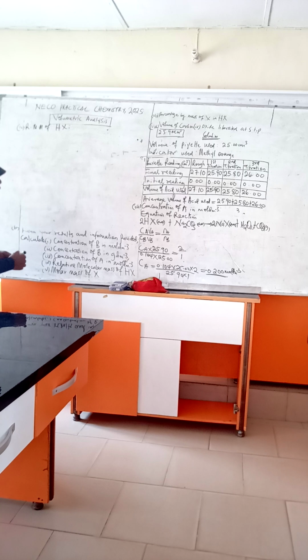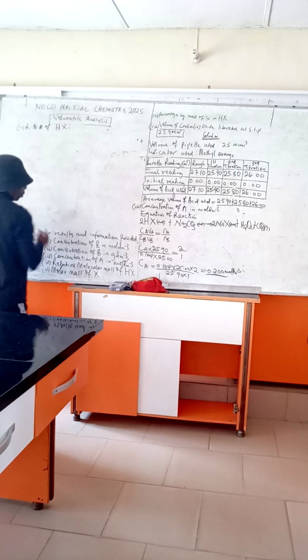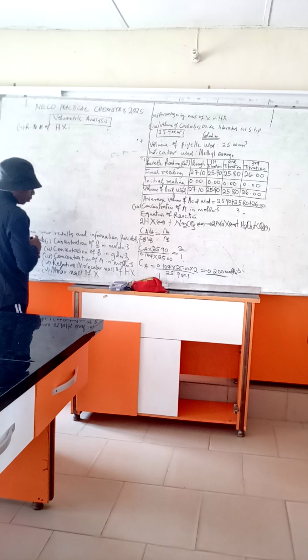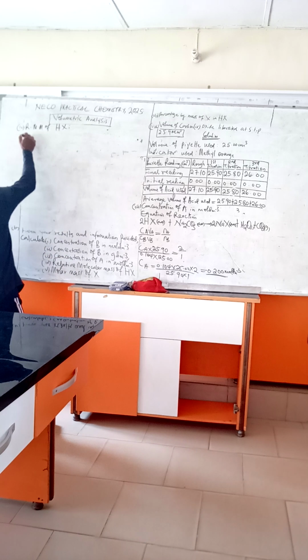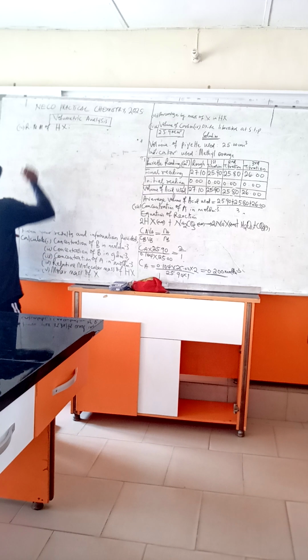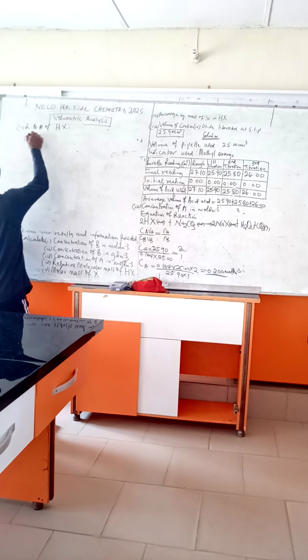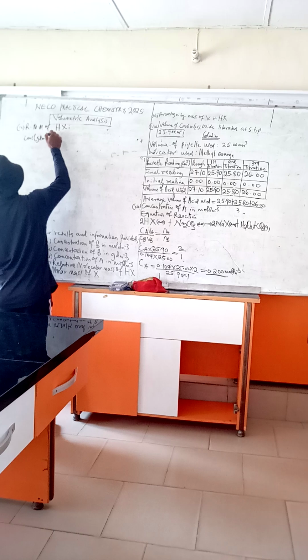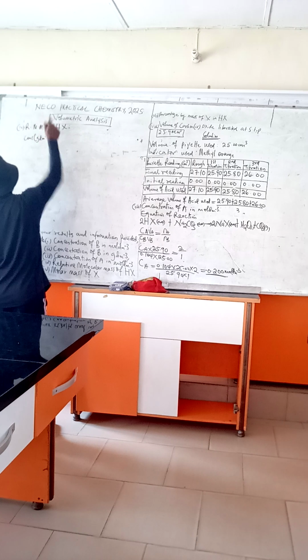Recall from the question that the mass of A is given. So you could find the concentration in gram per cm³, because it requires this for you to calculate the relative molecular mass.